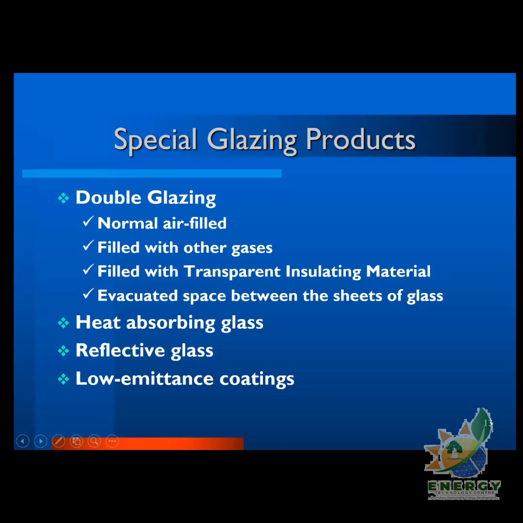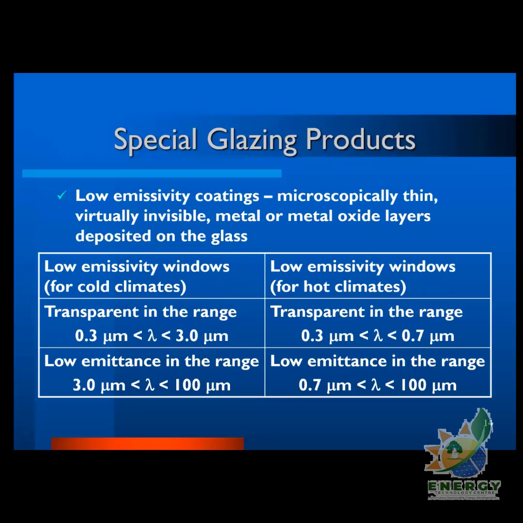So it's also possible to have heat absorbing glass or reflective glass or low emittance coating, so that it allows, as I said, the short wave radiation to enter, and then also reduces the emittance in terms of the long wave radiation.